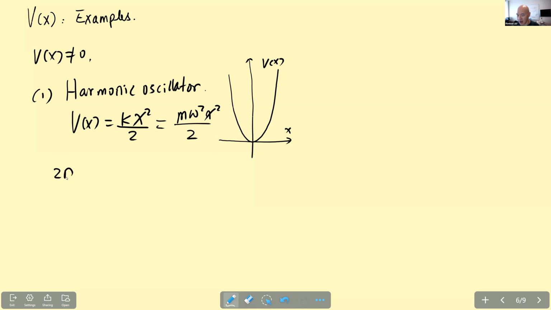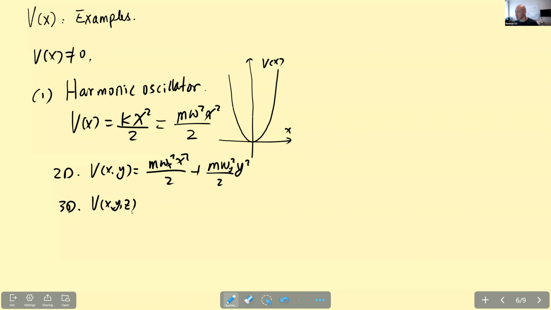You can also have a 2D harmonic oscillator. For example, you can have V(x,y) equals m omega x squared over 2 plus the same in the y direction. Or you can have this one in 3D. This is, for example, one of the cases like in the cold atom trap. You can trap cold atoms using this so-called harmonic potential.